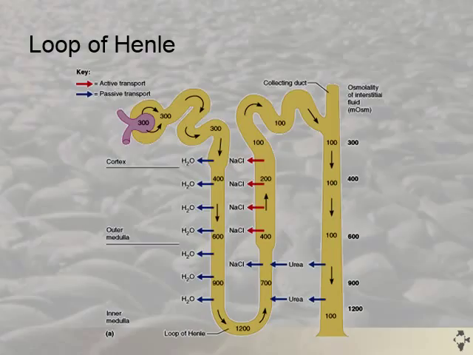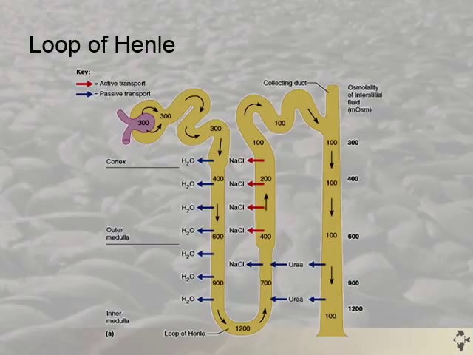If this is a freshwater fish, retaining sodium chloride is very important to them. So then you can see that the concentration of the filtrate continues to decline as more and more of that sodium chloride gets pumped out. And then ultimately it goes up into the collecting tubules at a concentration that's very low at 100 milliosmoles, ultimately leading into the collecting tubule and into the bladder.